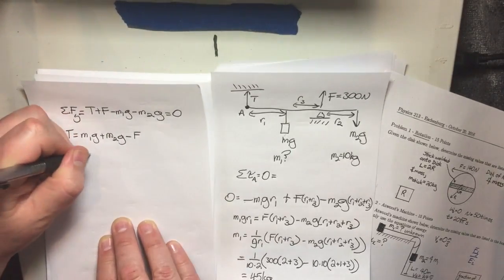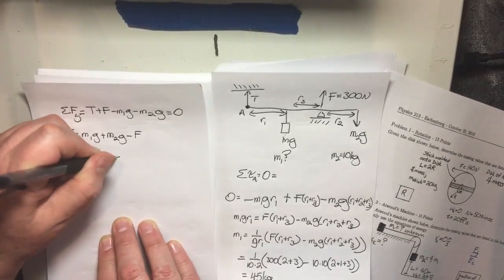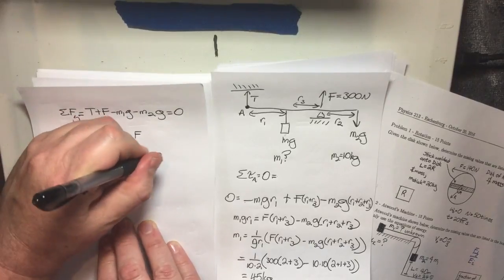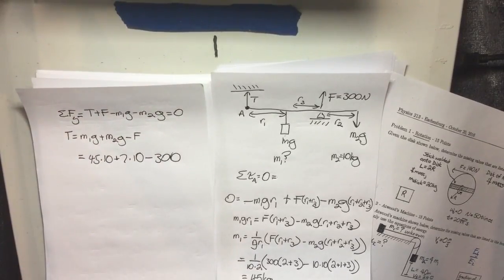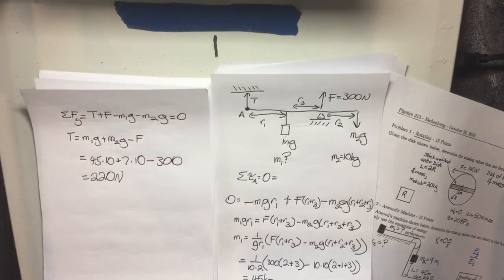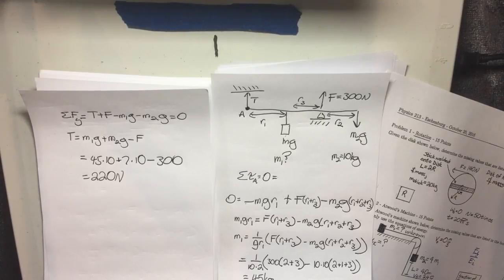So this equals 45 times 10 plus 7 times 10 minus F, 300. 450 plus 70, 520, 520 minus 300, 220 newtons. Oh, did I get M2 wrong?